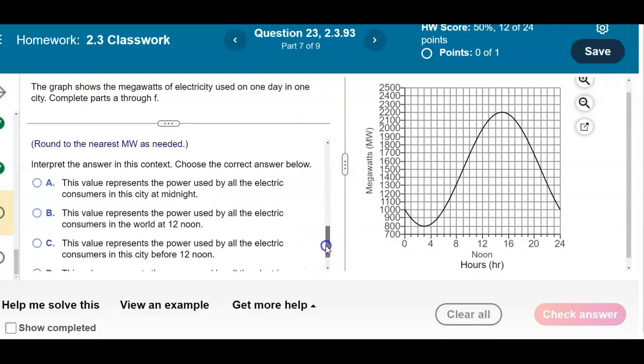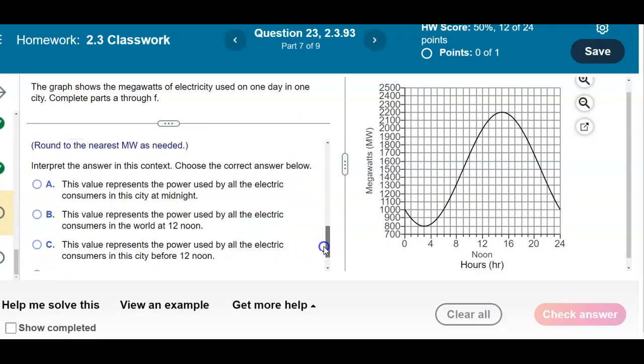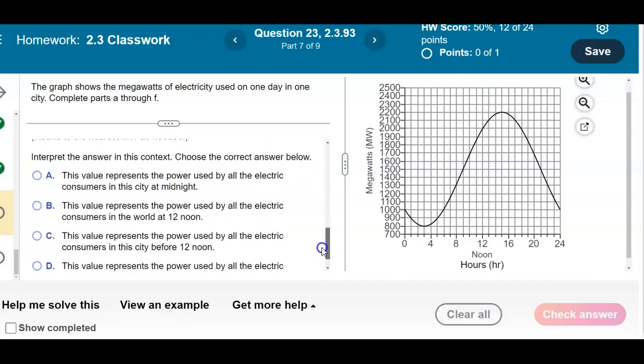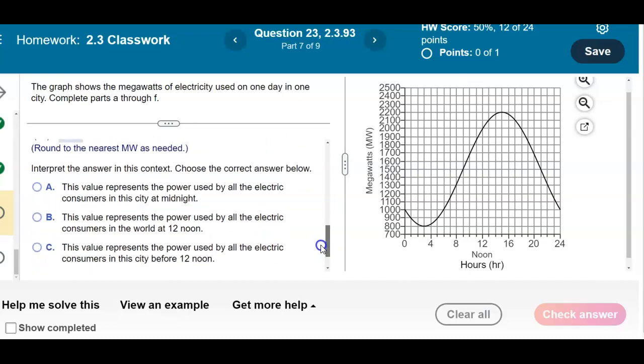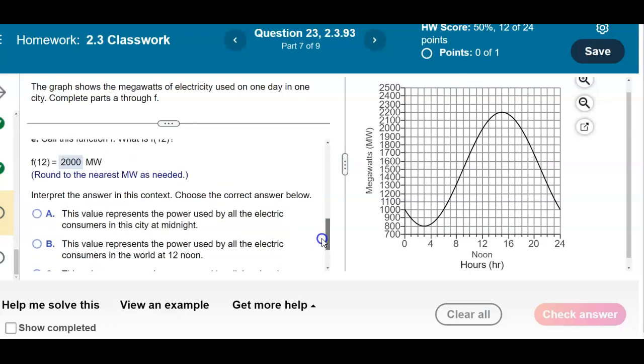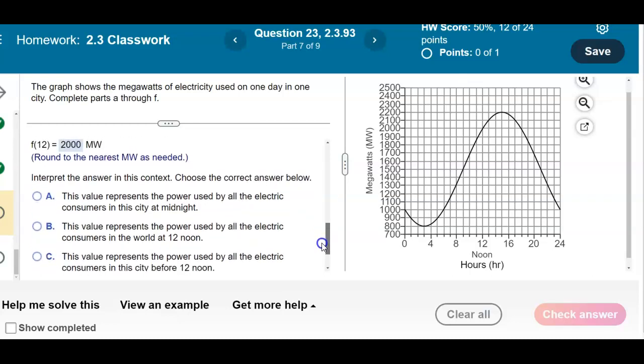Now it says to interpret the answer in this context. This says this value represents the power used by all the electric consumers in the city at midnight, which is 12. And here 12 represents noon, right? And then we said that midnight represents 0.